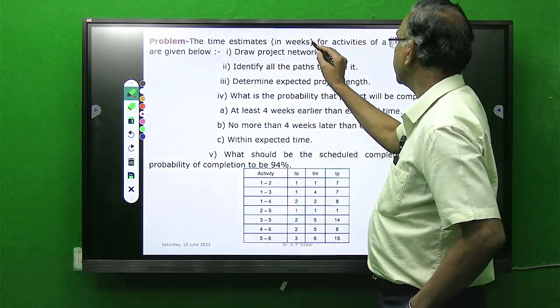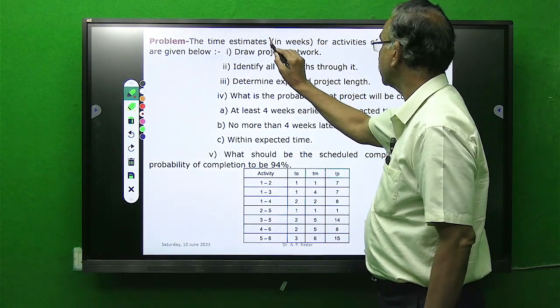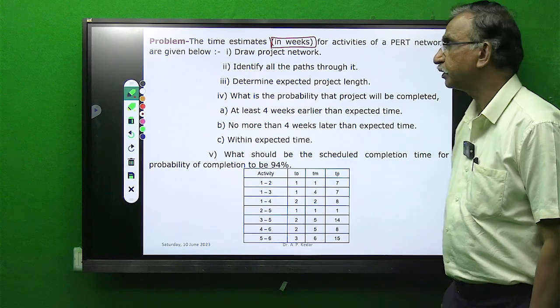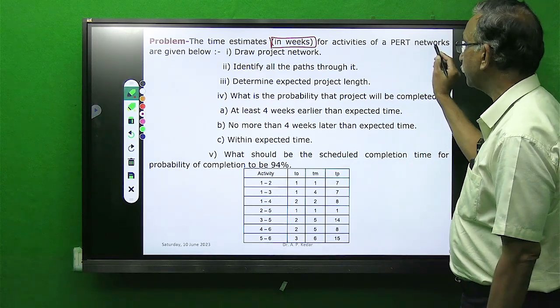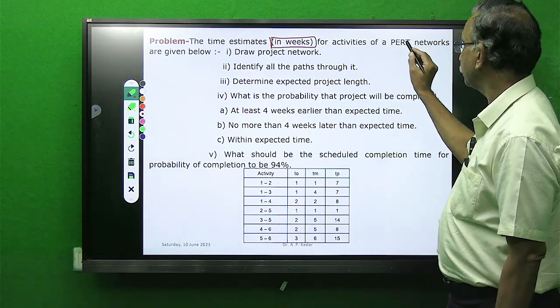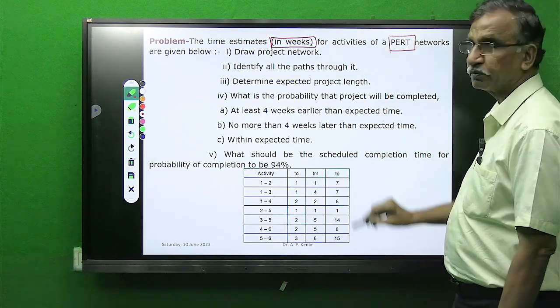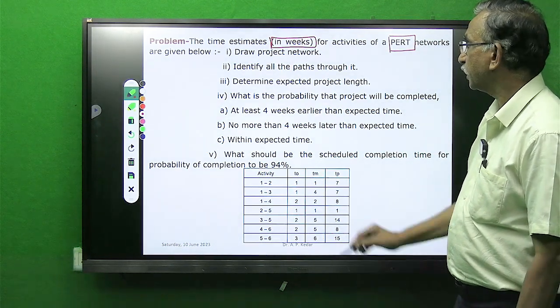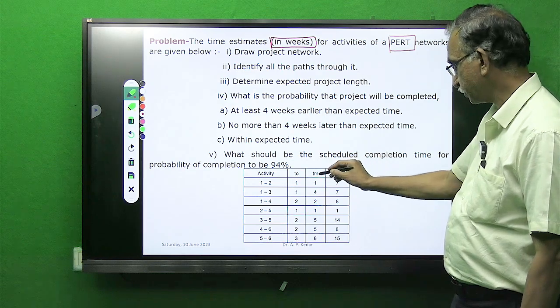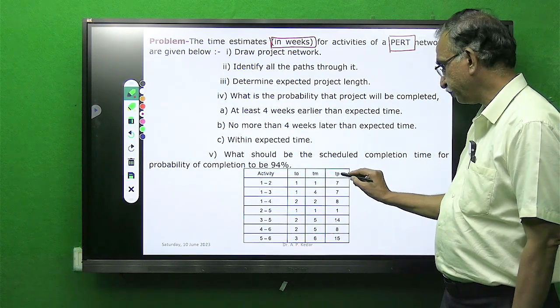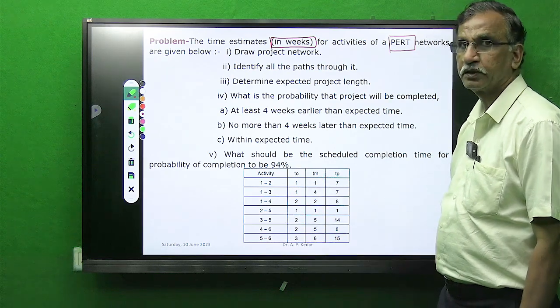The time estimate in weeks is very important. Time is given in weeks. Time estimate in weeks for activities of a PERT network. Now it is very clear, it is mentioned in the problem that network is PERT network, are given below. So this table of activity TO, TM, TP is given over here.